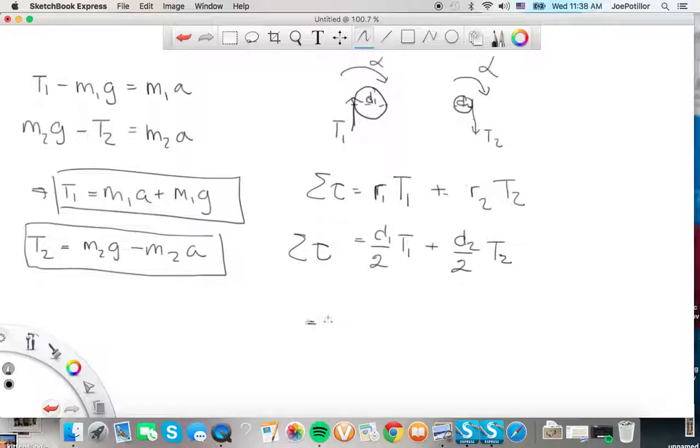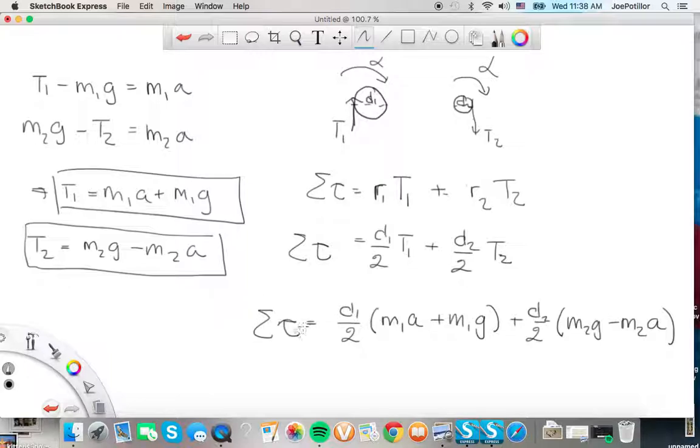So this is equal to d1 over 2 times tension 1, which is m1a plus m1g, plus d2 over 2 times m2g minus m2a, equals our sum of torque. Okay.